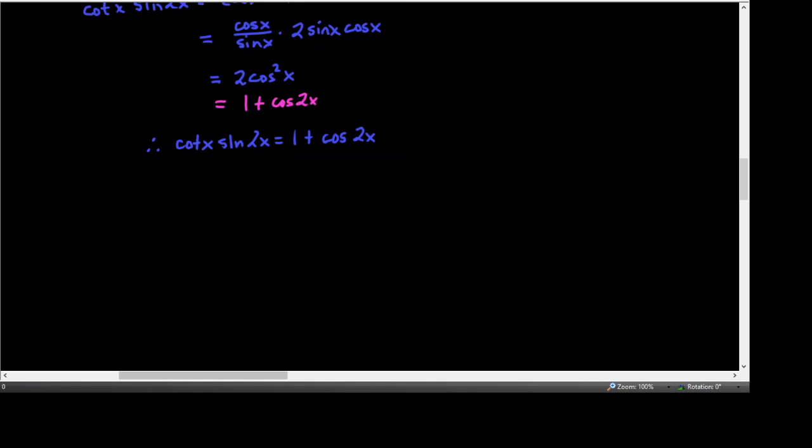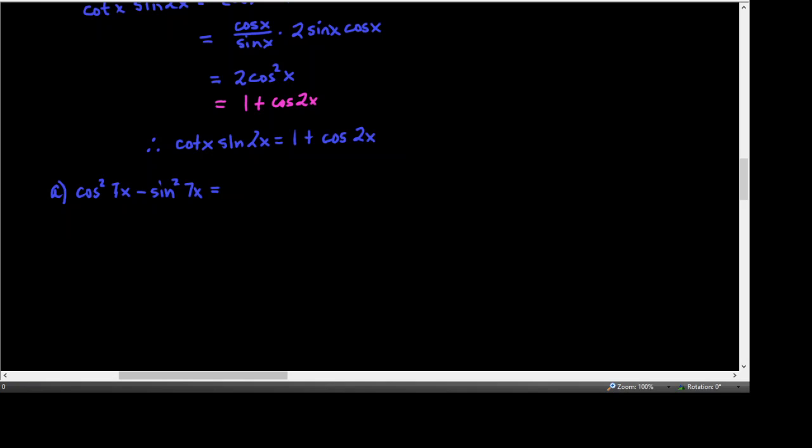We're supposed to simplify each expression as much as we can. So let's look at the first one. Cosine squared of 7x minus sine squared of 7x. I'm hoping you realize that this is one of the versions of the double angle identity for cosine.